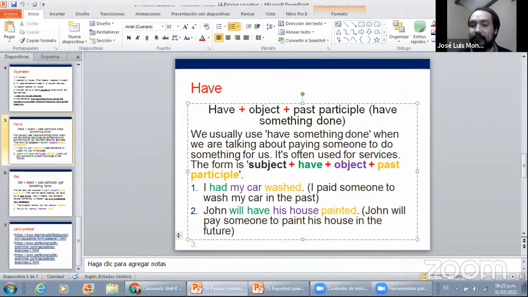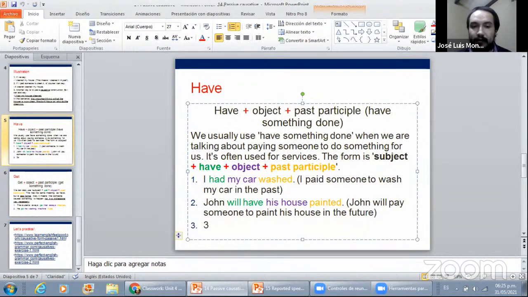And it can be in present. Remember, it can be even simple, right? It was like this, sorry. I always, the example that I wrote, right, have my car repaired. What is the meaning of that sentence?